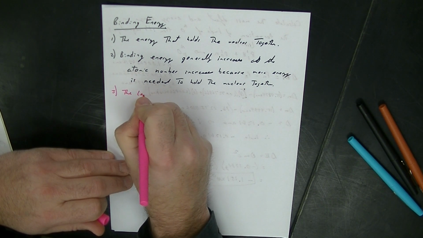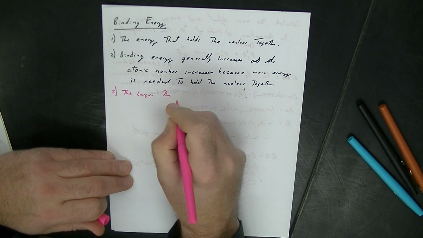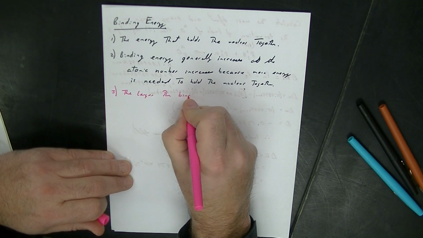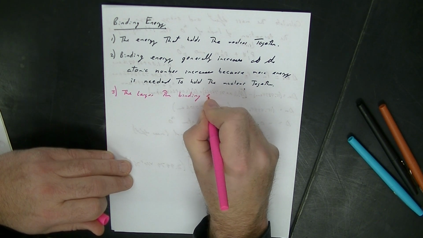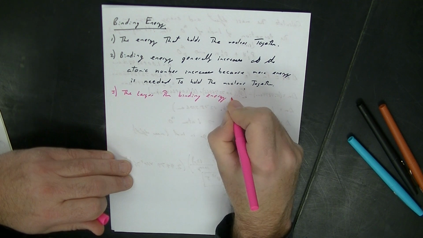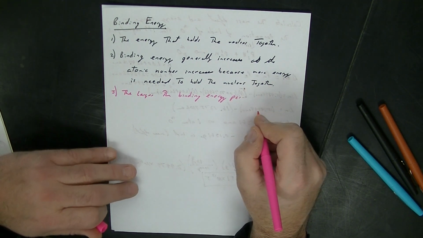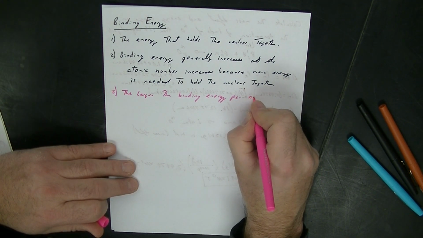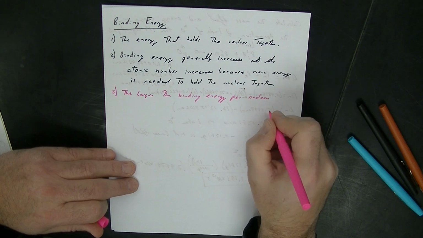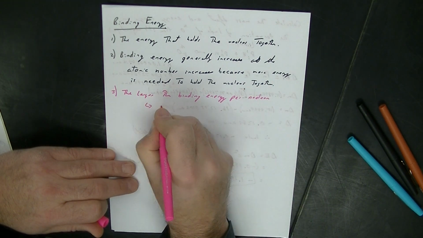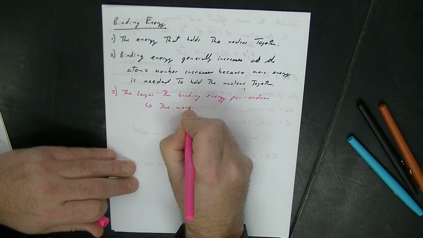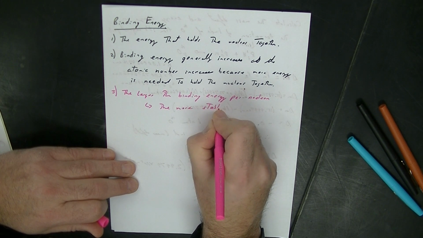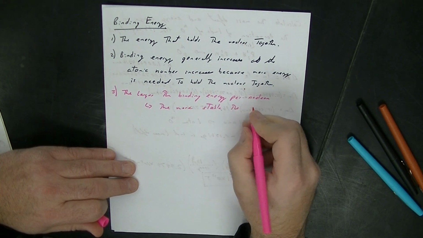The larger the binding energy per nucleon, the more stable the nucleus.